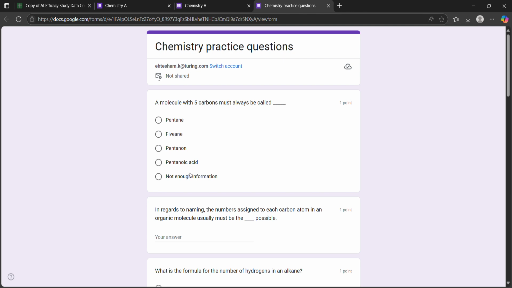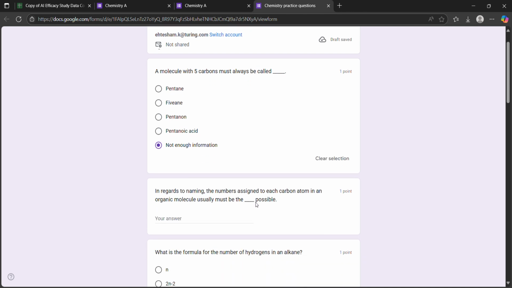It will have the pent prefix that represents the number 5. But we need more information, whether it has some special group or what its structure is represented as. So not enough information.